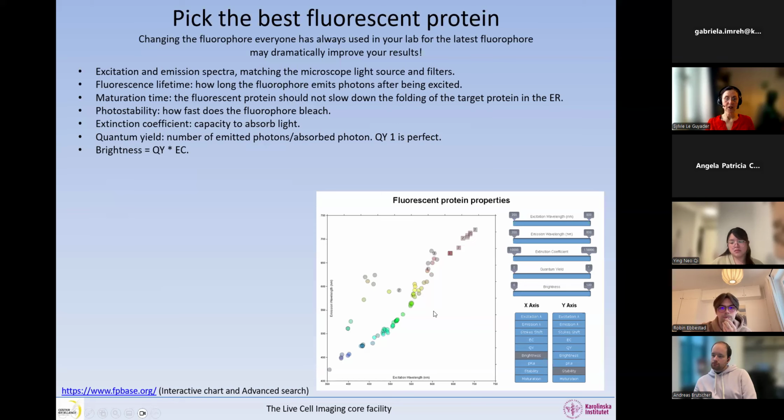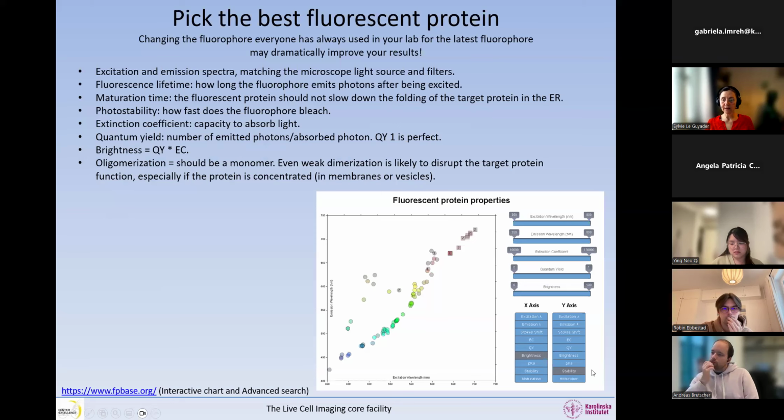So then there is something else that is not in here, but it's actually below the chart. I didn't put it in my screenshot, and it's the oligomerization. And that is very important. Your fluorescent protein that you're going to tag your protein of interest with should be a monomer.